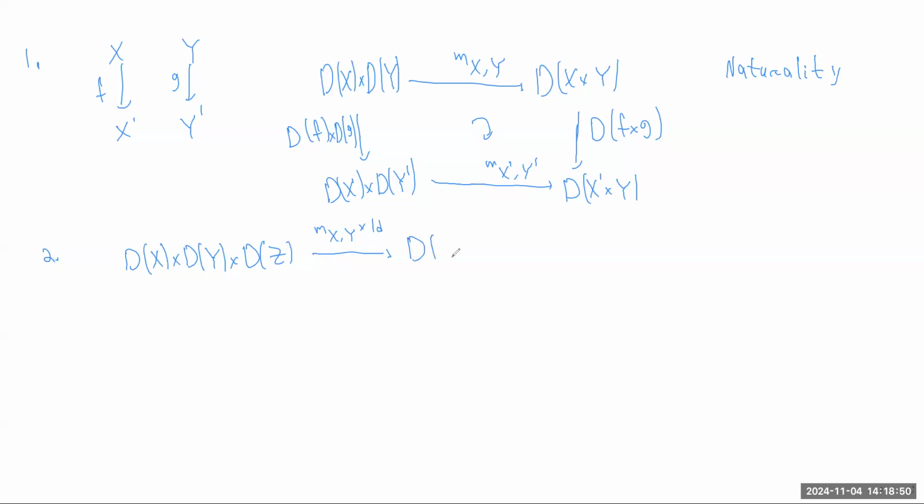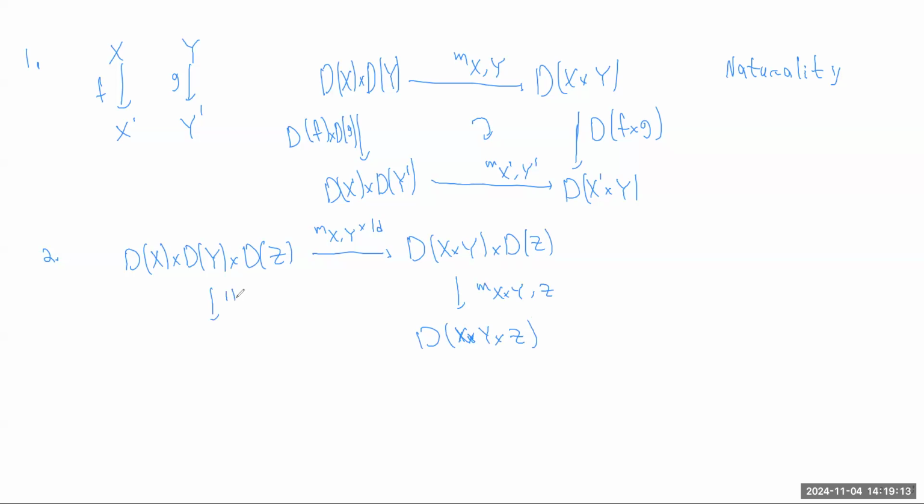So we go to this thing. Then we can apply m of X cross Y, Z in order to get this distribution here. But we can do this the other way, right?